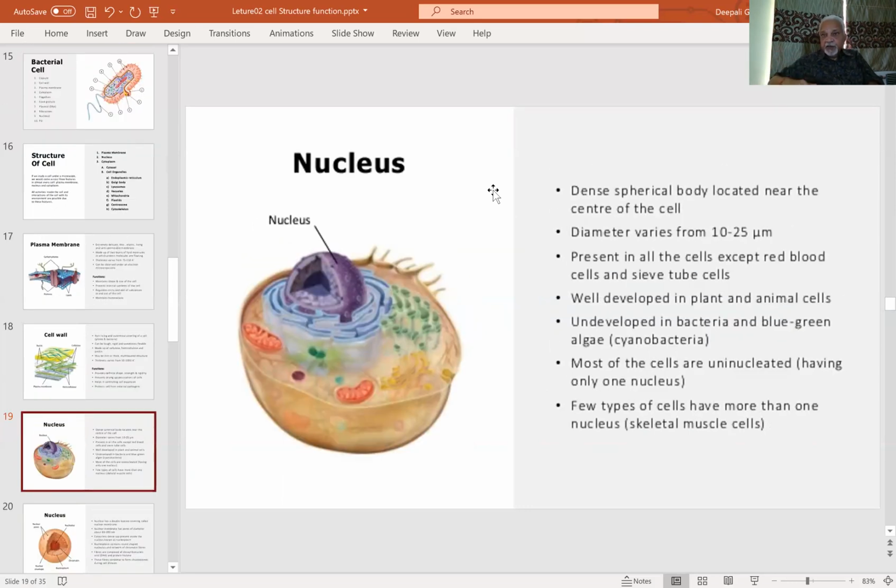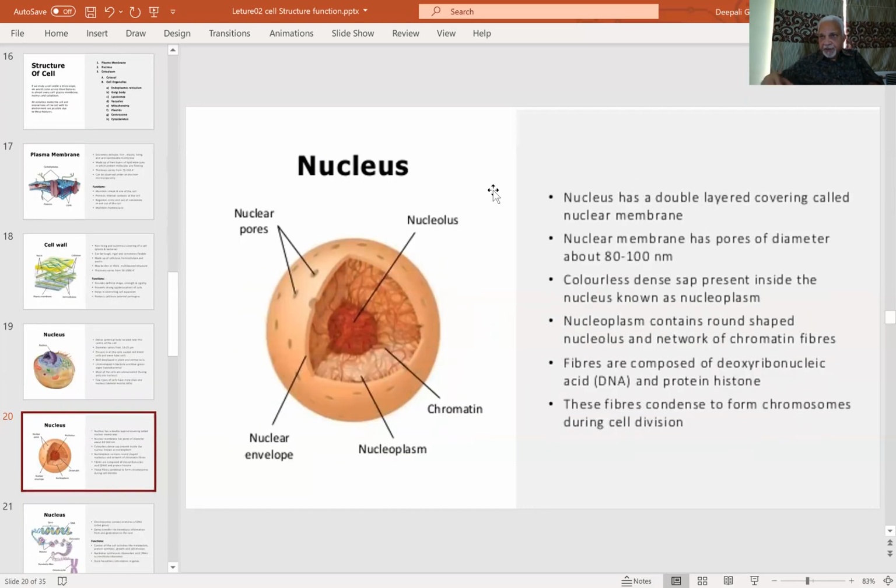If you look at the nucleus within the cell, and go deeper inside, you have the nuclear envelope which covers it, and inside the nucleus you have nucleoplasm, that is the fluid-like structure, and you have chromatin and then nucleolus.